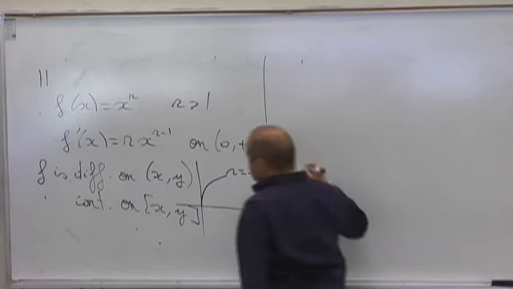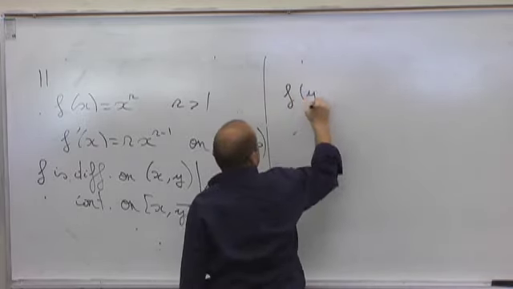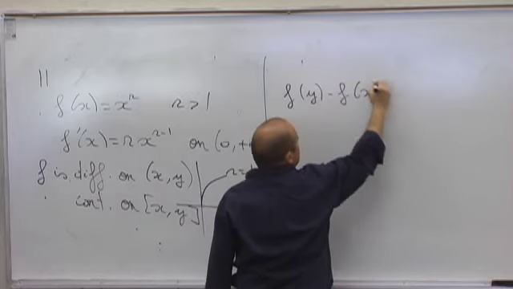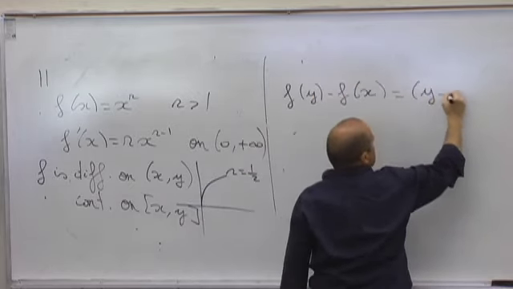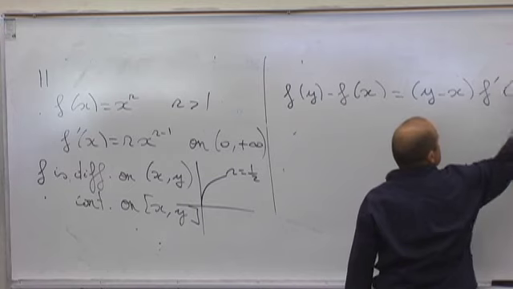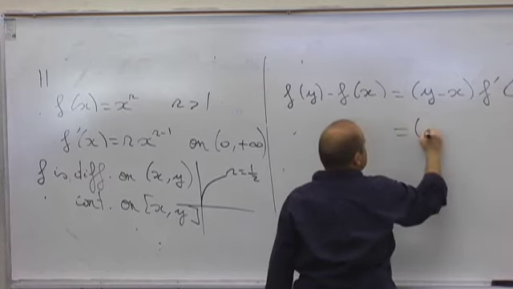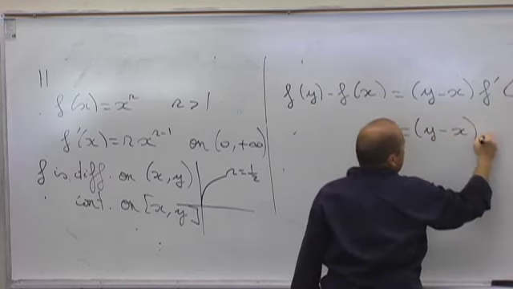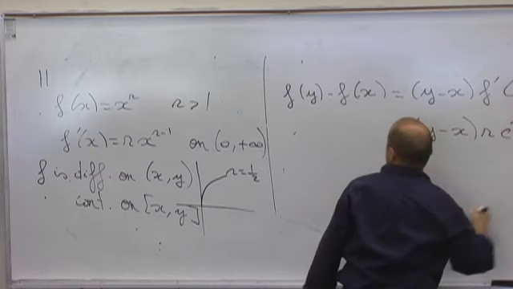So we get f of y minus f of x equal to (y minus x) f prime of c. So that's (y minus x) r c to the r minus 1.